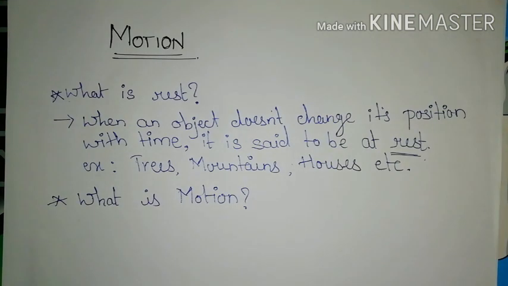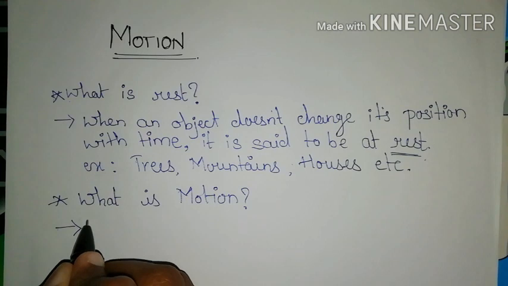Whenever bodies change their position with time. Alright, this is the proper definition. When a body or an object changes its position with time, or moves with time, it is said to be in motion, or that condition is said to be the motion of that object.